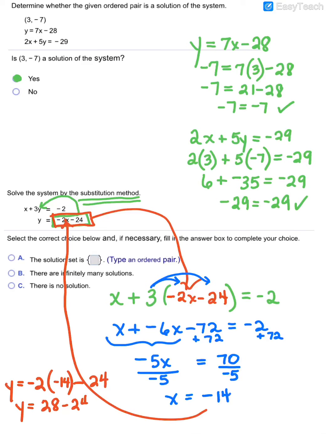And then when you subtract 24, we get a y value of 4. So this definitely has a solution set, and you're going to have to type it in as an ordered pair inside of this box. So x always comes first inside your ordered pair, and then y is listed second. So you're going to type that inside the box.